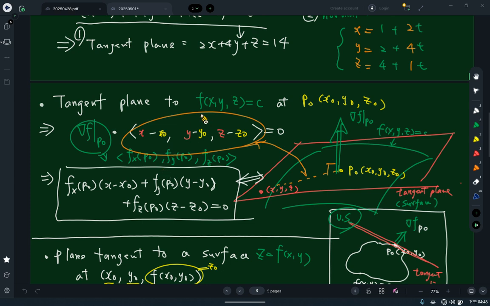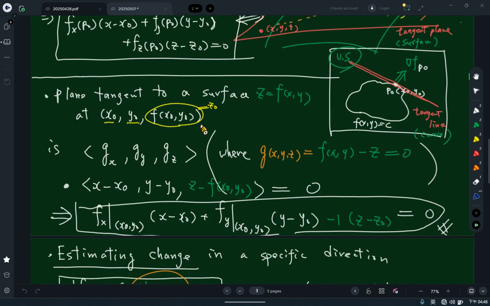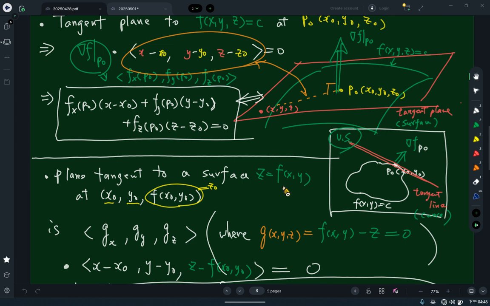Then I also told you that there are two forms. The first form is that the surface is given as f of x y z is equal to c. The second form is z is equal to f of x y. Actually, they are almost the same.